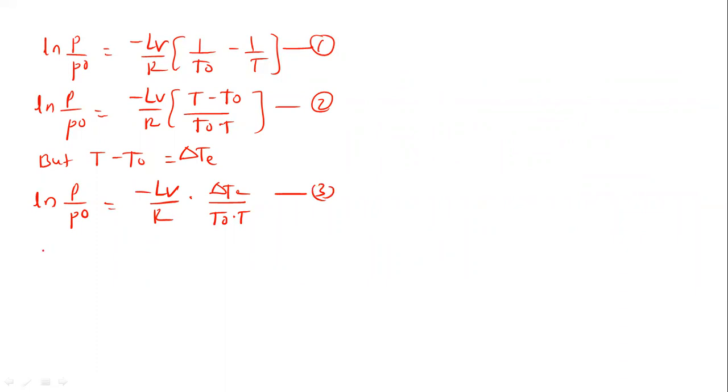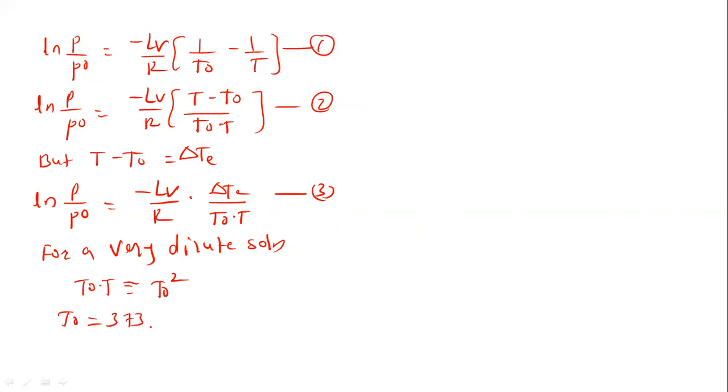Now for a very dilute solution, the product T0 × T is approximately equal to T0 square. Why is this? Suppose we consider water as a solvent, then the boiling point of the water, that is T0, is equal to 373 Kelvin.